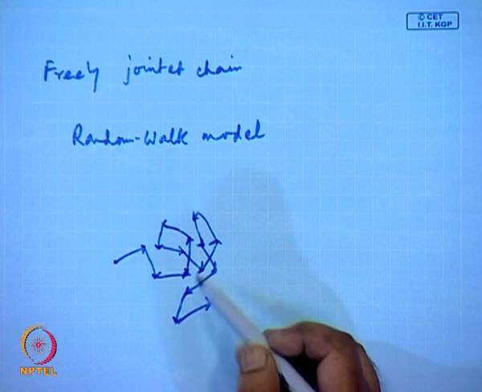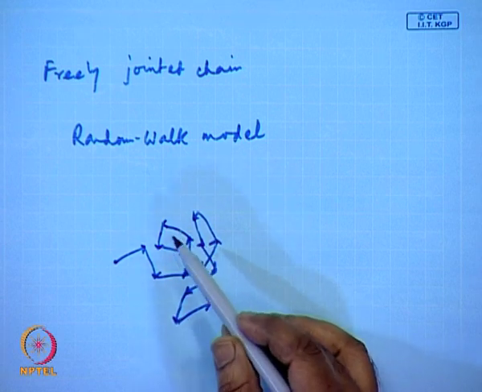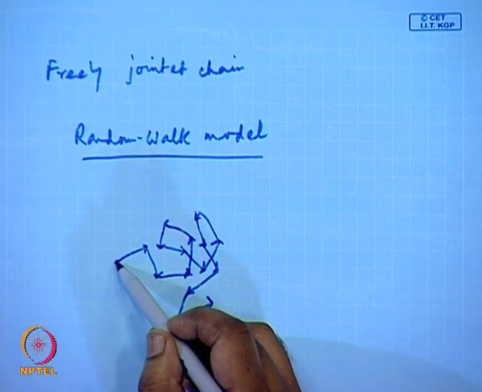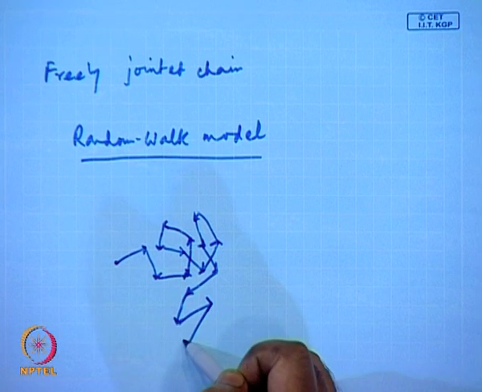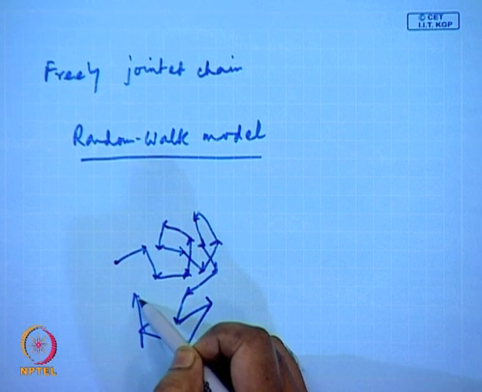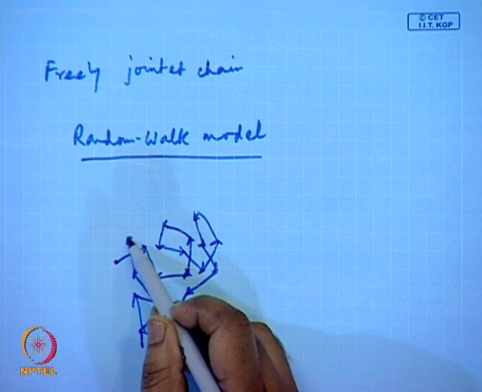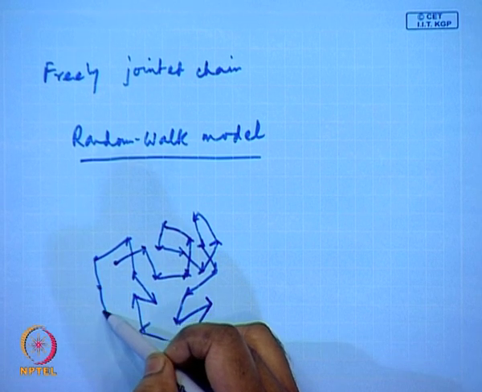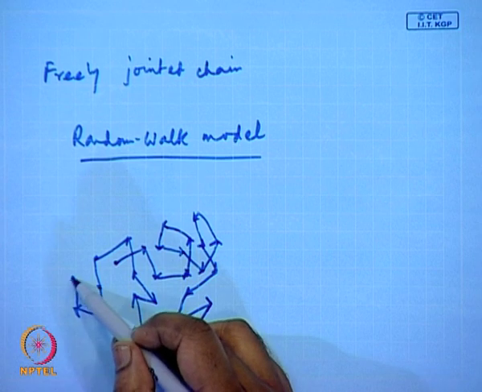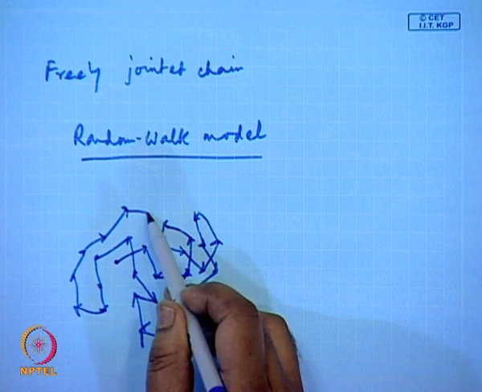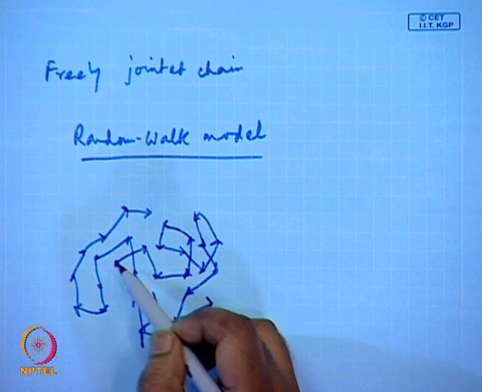So, this is how the random walk model is designed. I can continue in a random way. So, one end is here.